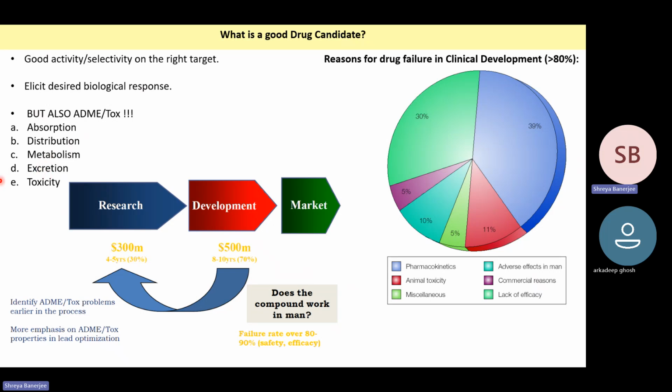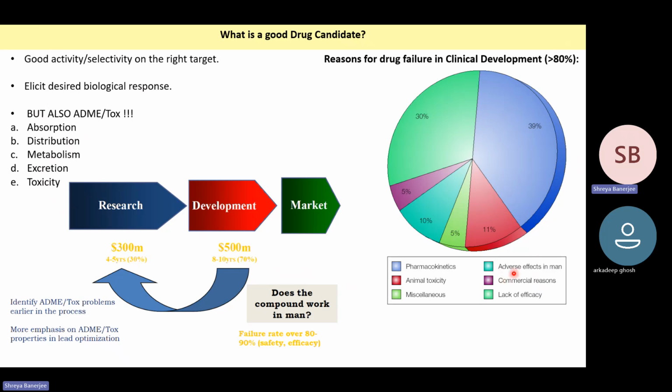And also we must keep in mind the toxicity. It cannot be too high. So in order to go through all this, a huge amount of money, you can see $500 million, and a huge amount of time, 8 to 10 years, is often needed to account for all these properties. And the reason for a lot of drug failure can be the lack of efficacy, which is around 30%.